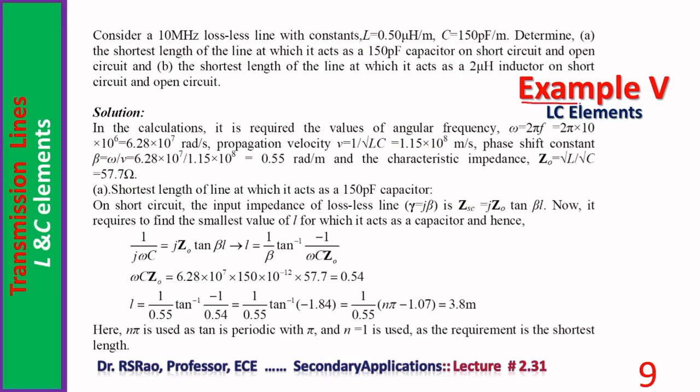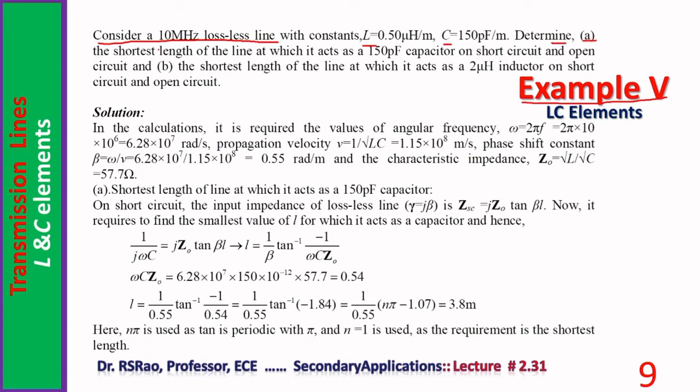Another problem, example 5. It is set around fabrication of L and C circuit elements from pieces of lossless transmission lines. The problem: consider a 10 megahertz lossless line with the primary constants L, C given certain values.